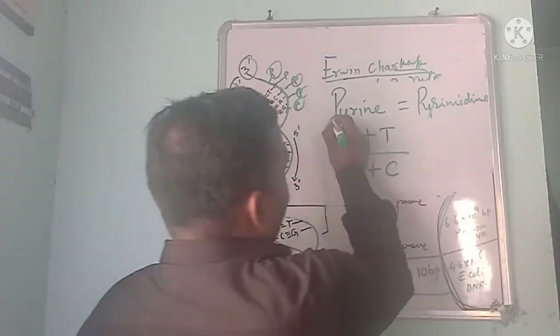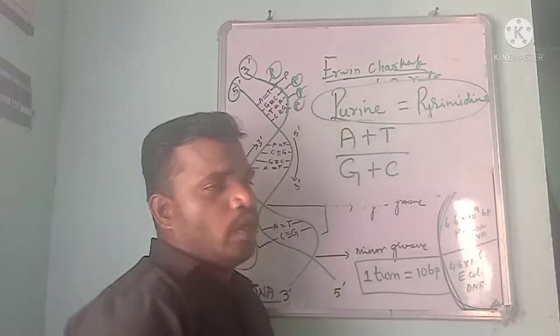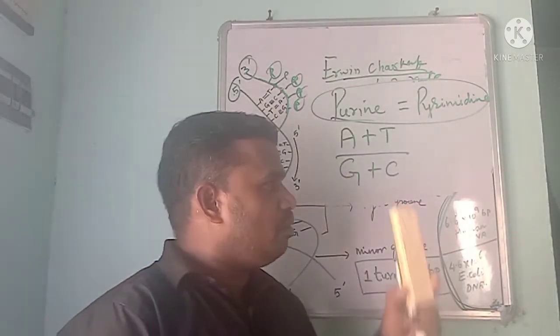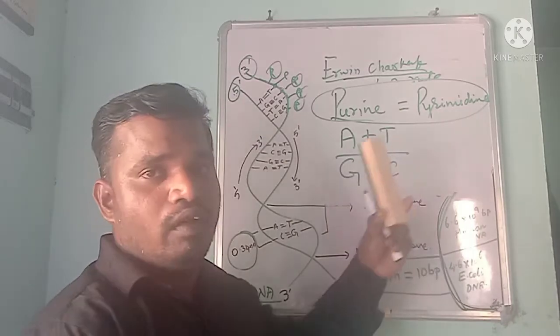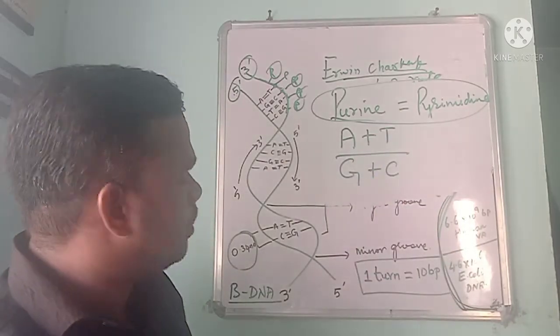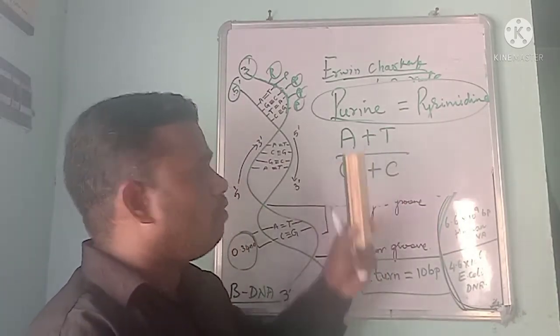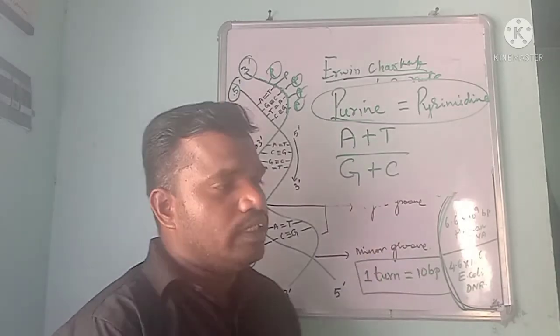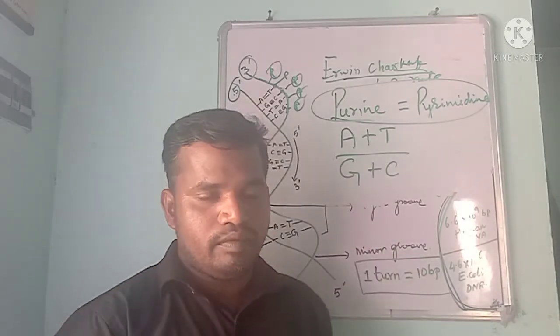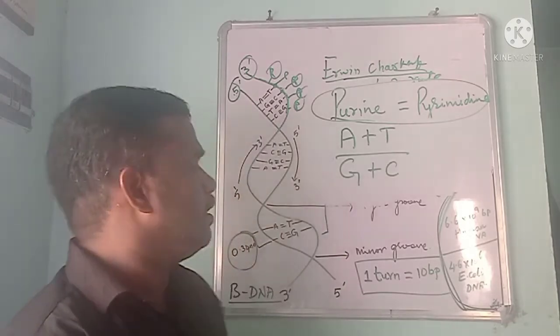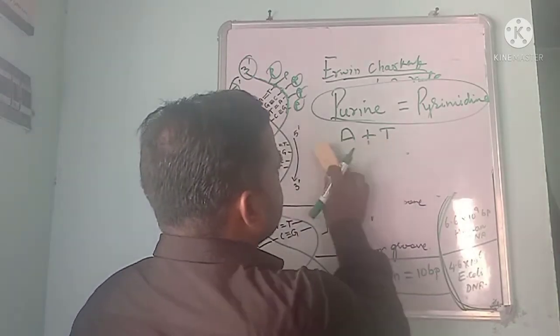One is that purine is approximately equal to pyrimidine in any tested organism, and the other is that the ratio of AT is always equal to GC.